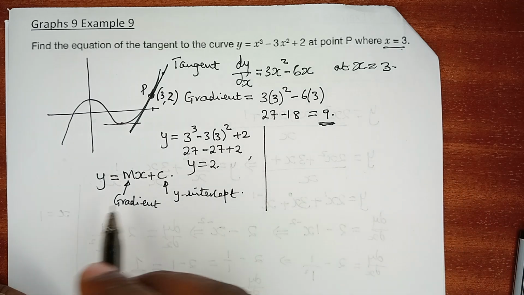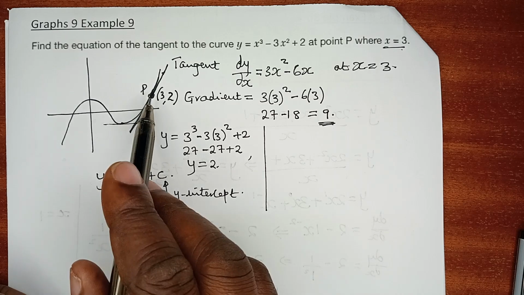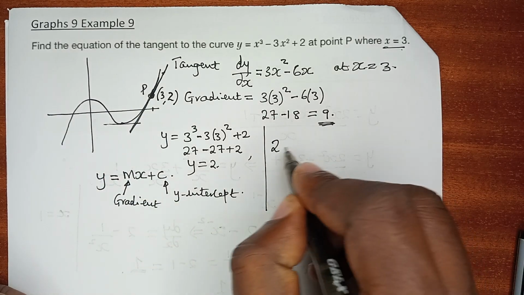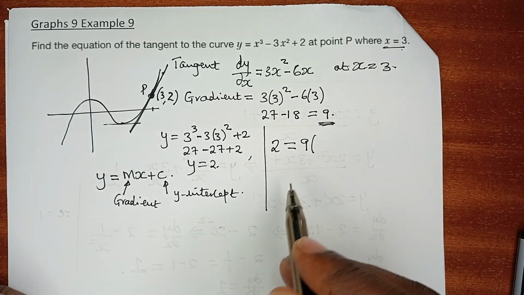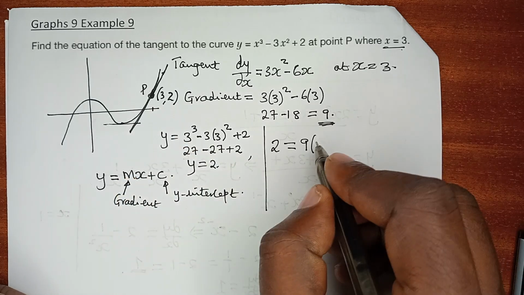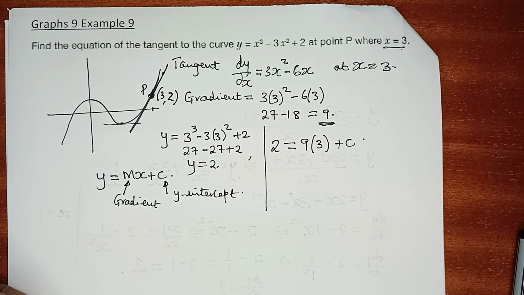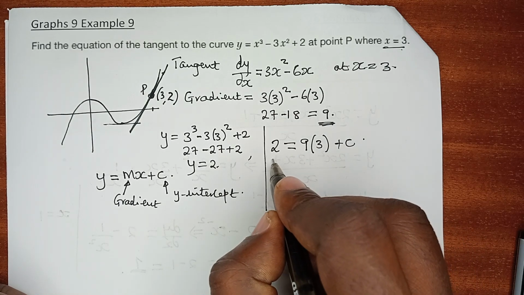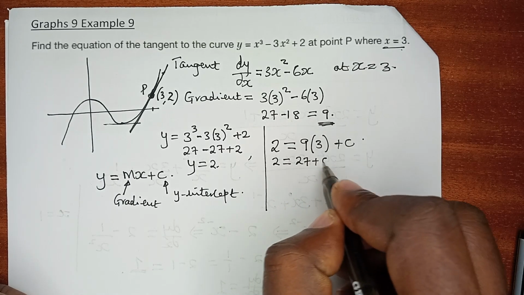That means if the general equation is y equals mx plus c, and at point P y is 2, then 2 equals 9, because 9 is the gradient m, times 3, because at point P x is 3, plus c. What does this mean? We have 2 equals 27 plus c.